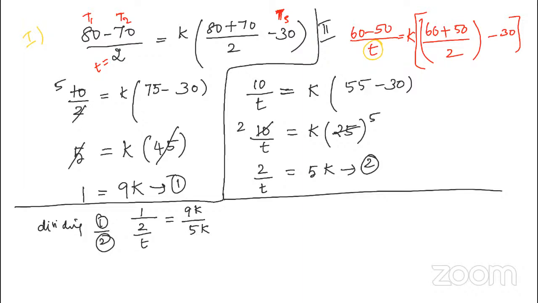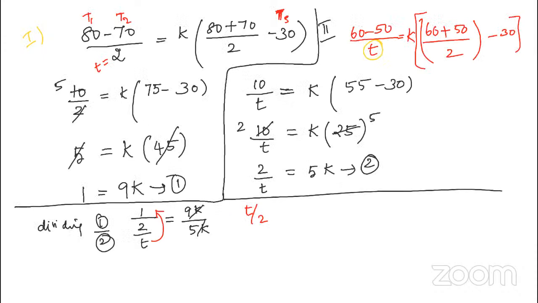Okay. So here K is cancelled. This T becomes the numerator. So it is T by 2 is equal to 9 by 5.